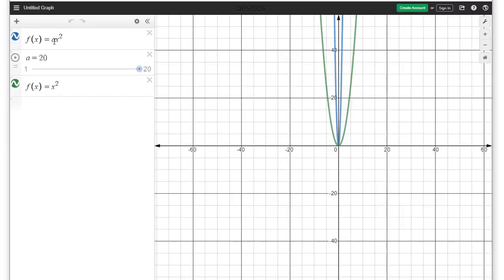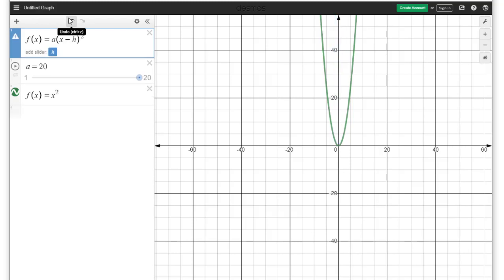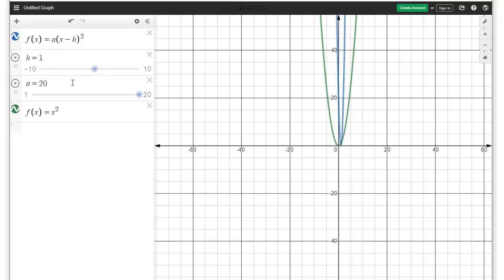From our previous video, we have a x squared, so now we need to wrap the x in a set of parentheses. And include an h in there. Don't forget to put a minus with it. And it asks you to add a slider for h, which we will do.